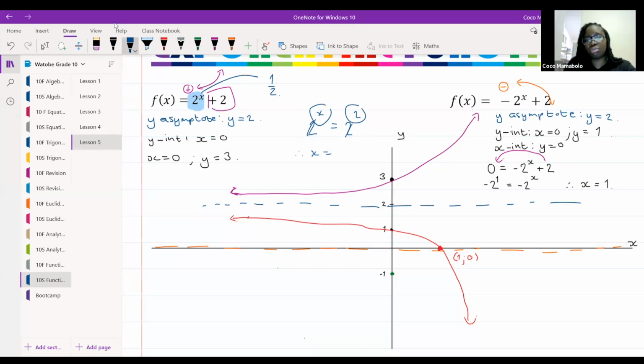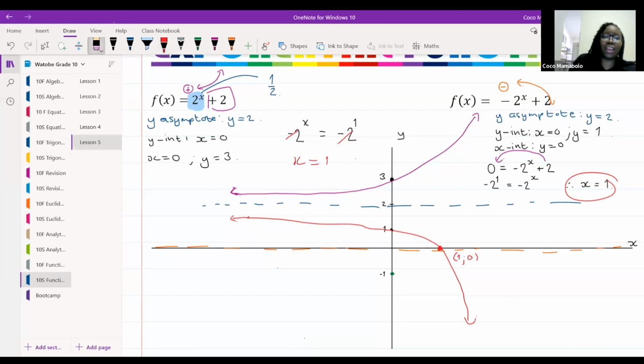Is it a 2 or a 1? 2. Then it's 2, sorry, it's my handwriting. Now if I say negative 2 to the power of x is equal to negative 2, what is the automatic exponent of negative 2 here? It's a 1. Cancel the bases, x is equal to 1. That's where we got that from.